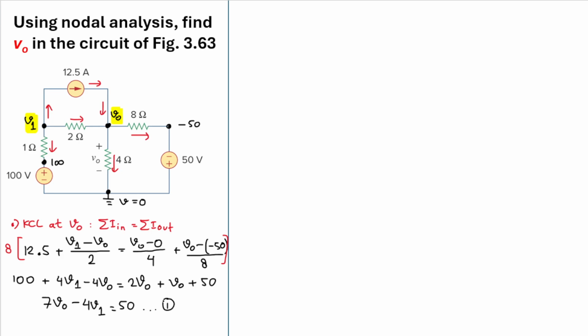Okay, that's good. Now let's move on to another KCL, which is on v1 here. So let's do exactly that. So let's do KCL at v1. KCL says that the sum of the current that goes in will equal the sum of the current that goes out.